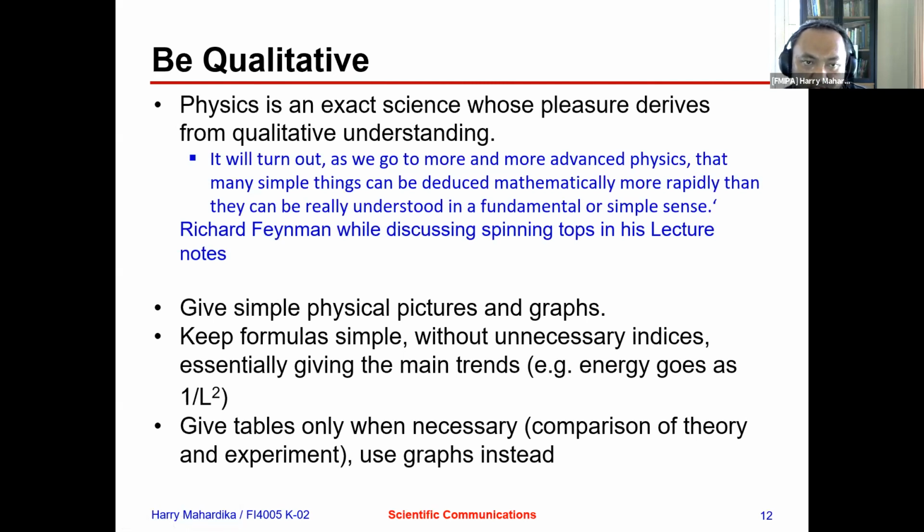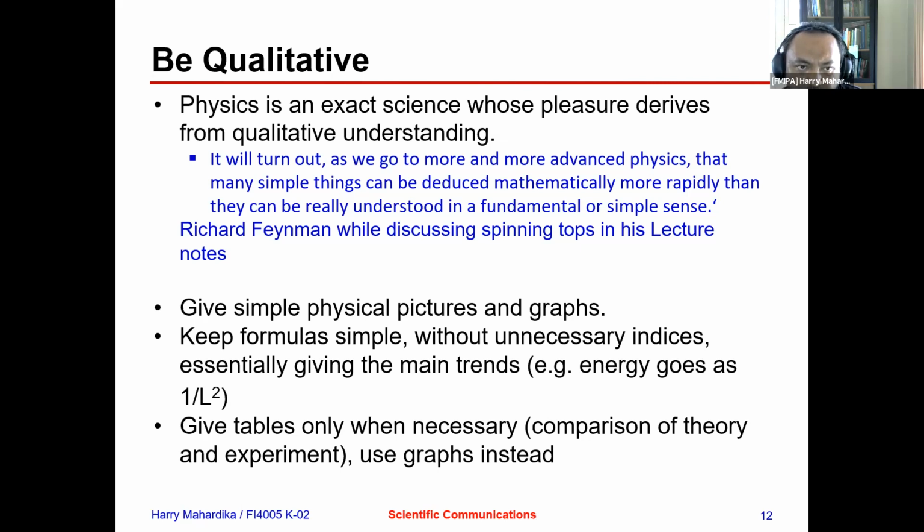Okay, physics is an exact science whose pleasure derives from a qualitative understanding. It will turn out as we go into more and more advanced physics that many simple things can be deduced mathematically more rapidly than they can be understood in their fundamental or simple answer.